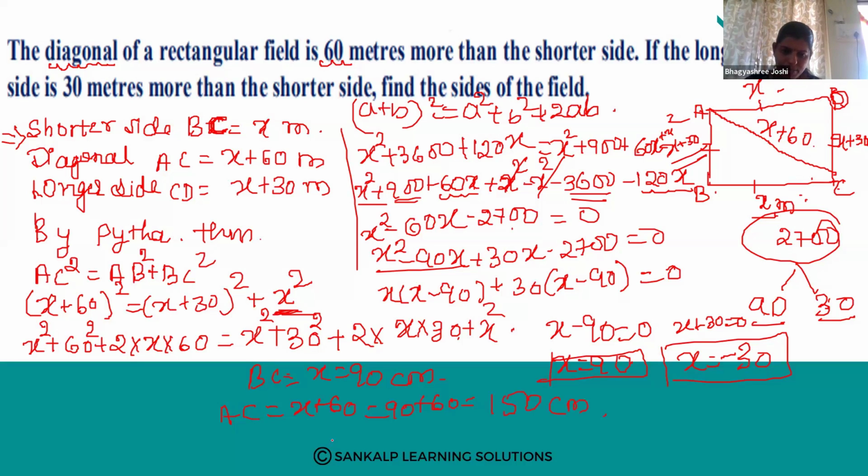Next, x plus 30, that is the longer side AB. x plus 30 is equal to 90 plus 30, 120 centimeter. Okay, so this is the answer. Understood?